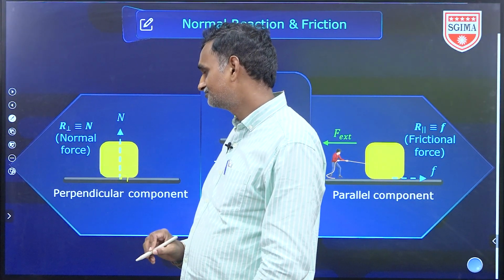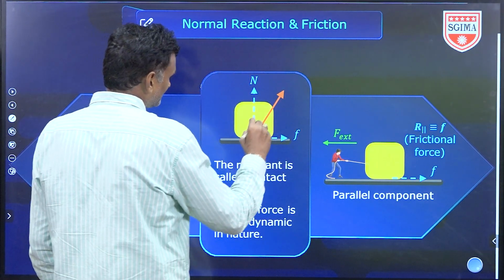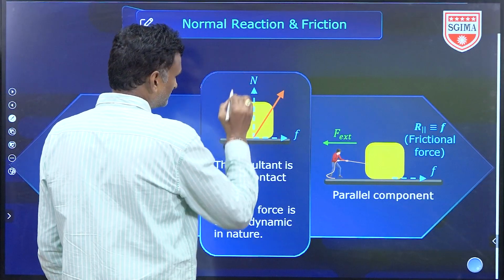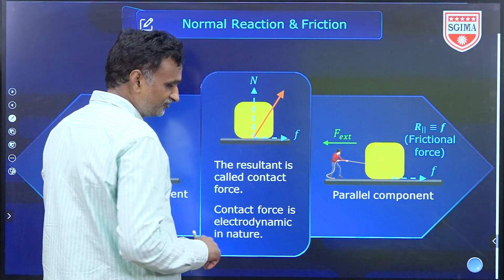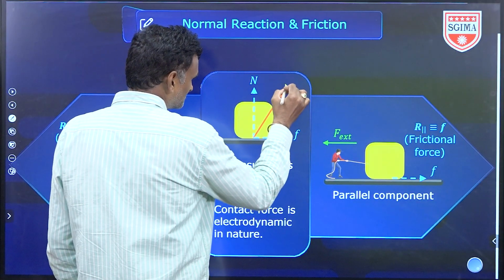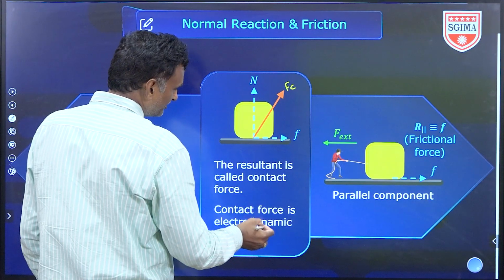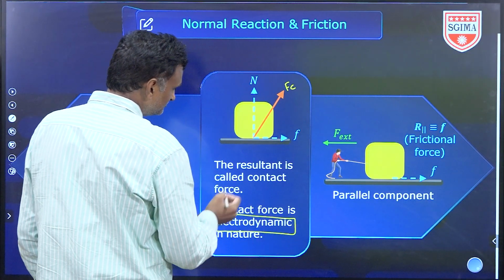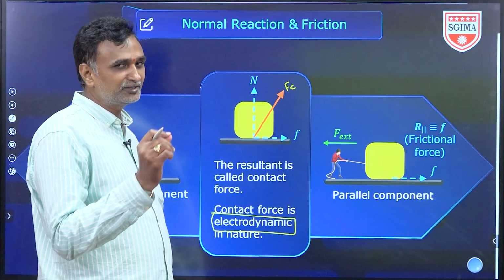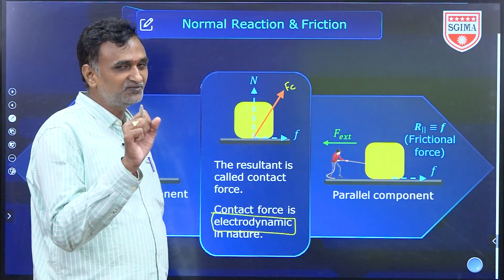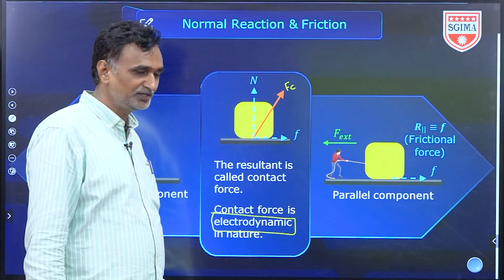Generally, one component is friction and one is normal. So the resultant is called the contact force here. This is the contact force, and contact force is electrodynamic in nature. Friction arises due to electromagnetic interaction between fundamental particles of two bodies.